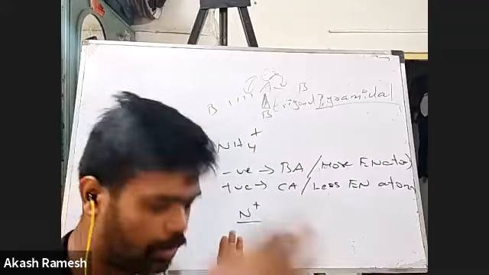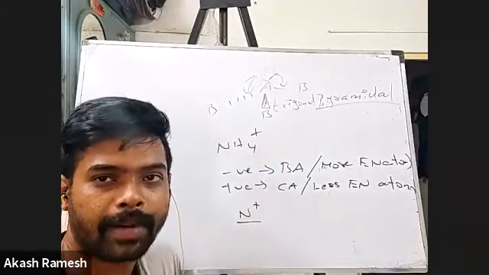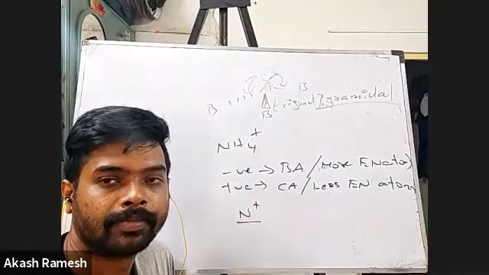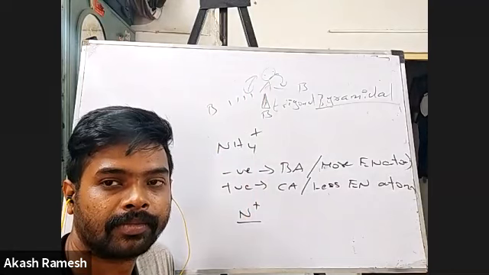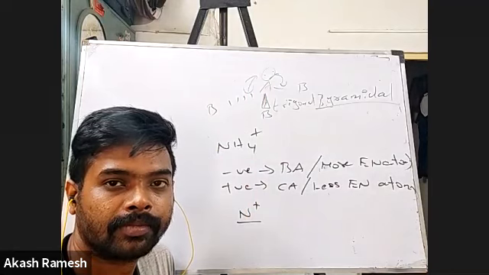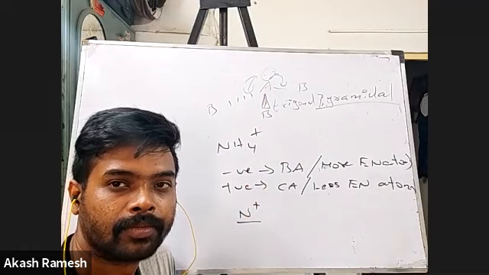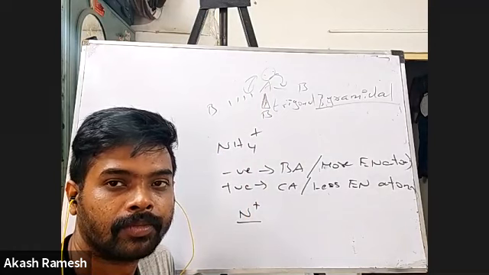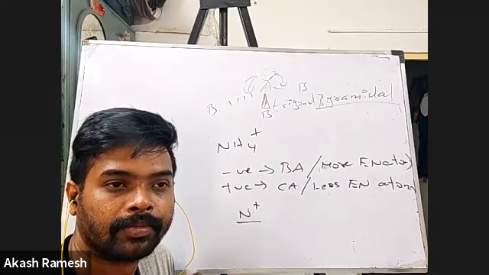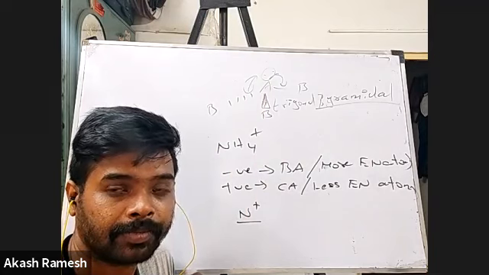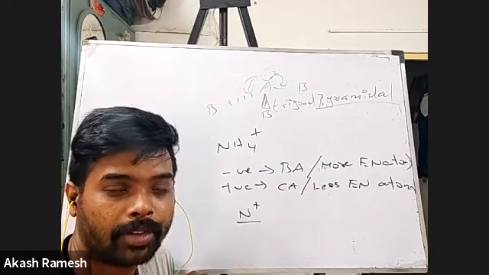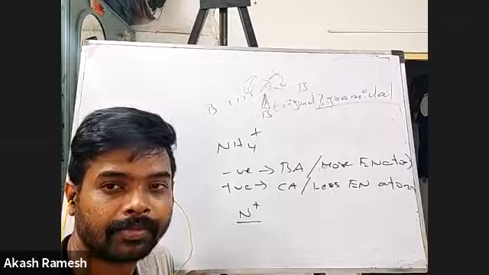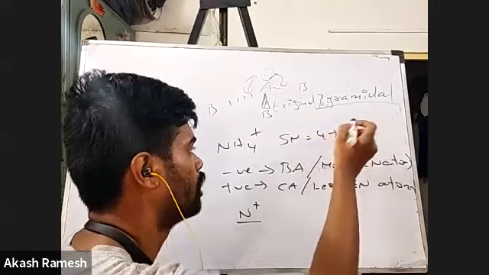Fine. First, before all this, what is the hybridization? What is the number of bonding atoms? 4. 4 bonding atoms. Okay, so steric number is equal to 4 plus.